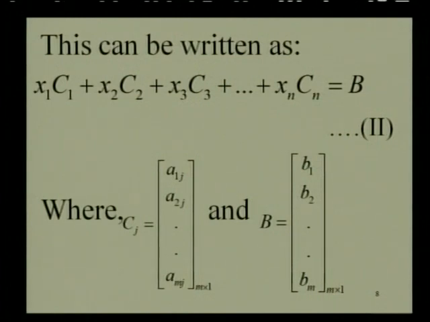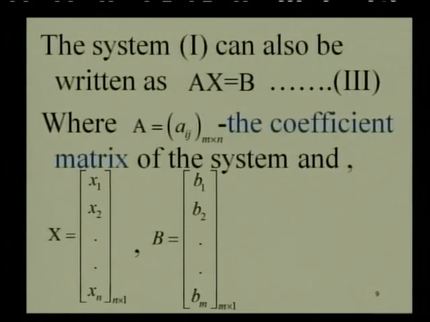The ith column Ci you see on the screen: the first column is a11, a21, and so on, am1. The last column Cn is a1n, a2n, and so on, amn, and the constant column is b, that is b1, b2, bn.